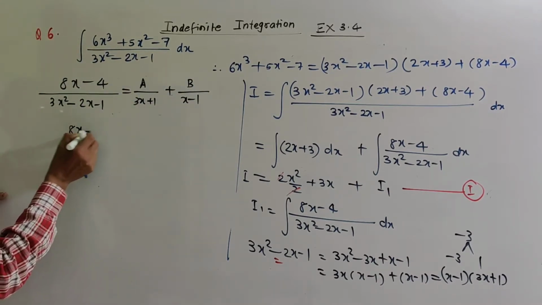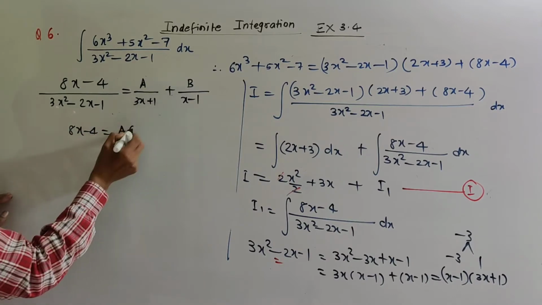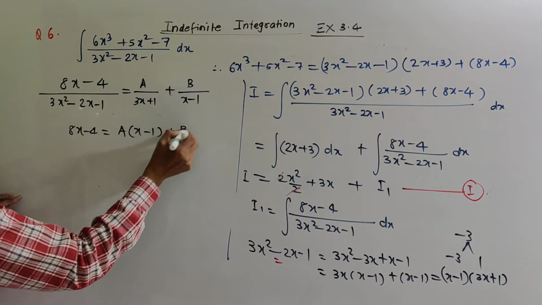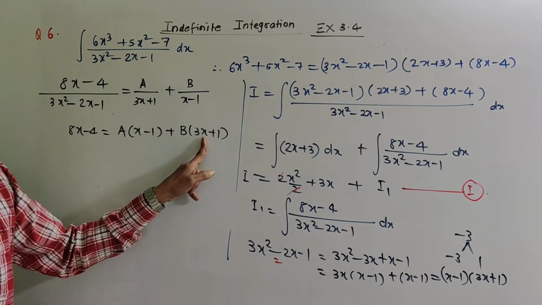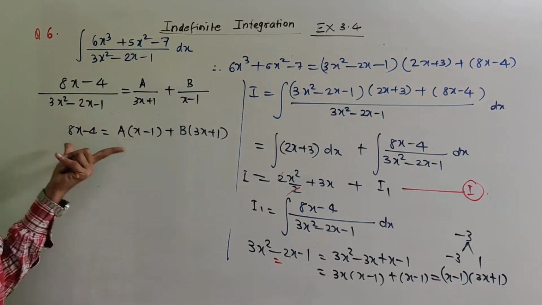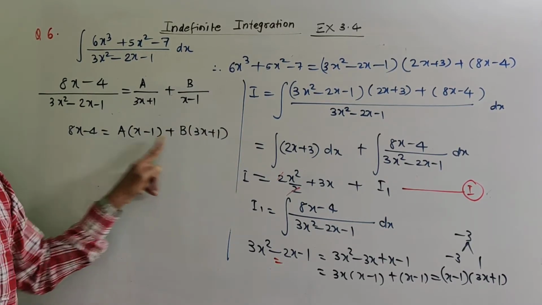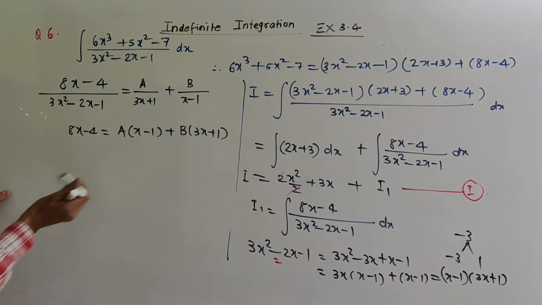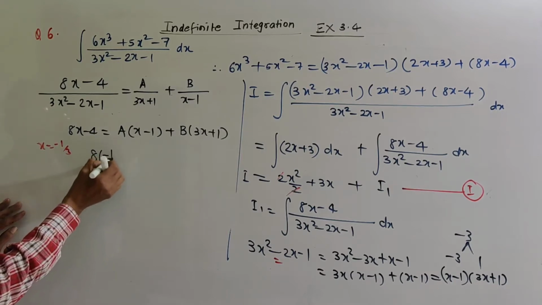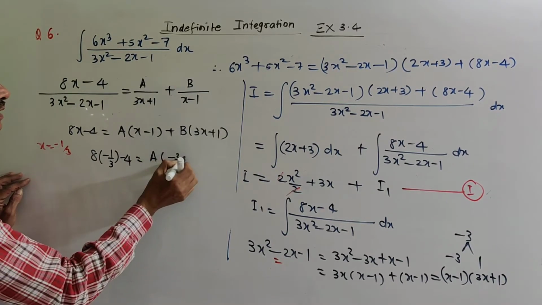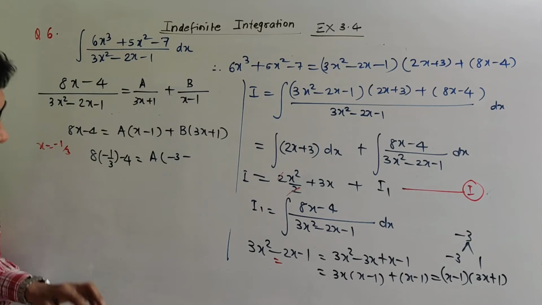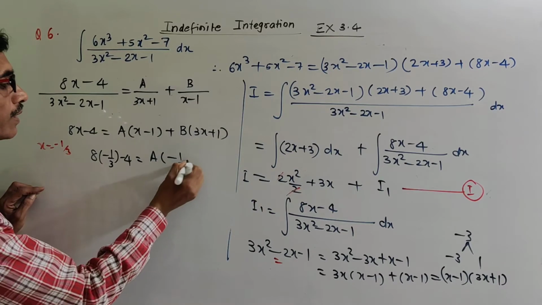8x − 4 is equal to a into (x − 1) plus b into (3x + 1). If you put x equal to −1/3, this part will be 0 and you will get a. Put x equals 1, you will get b. So here we put x equals −1/3: 8 into (−1/3) − 4 is equal to a into (−1/3 − 1).